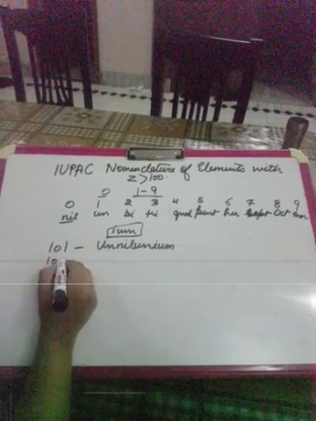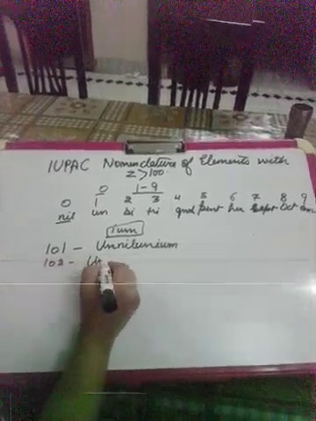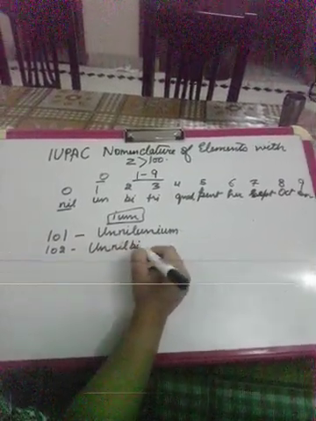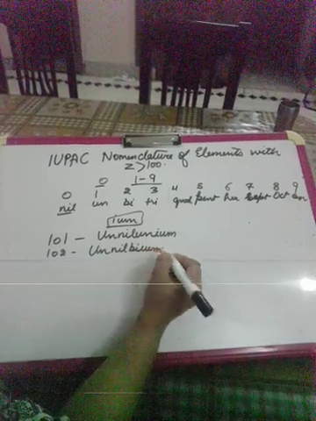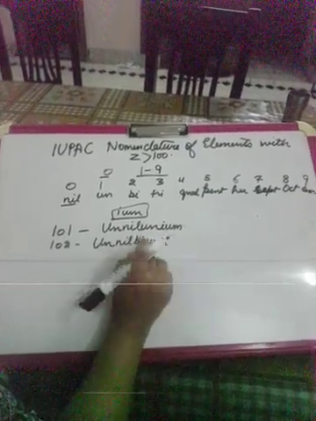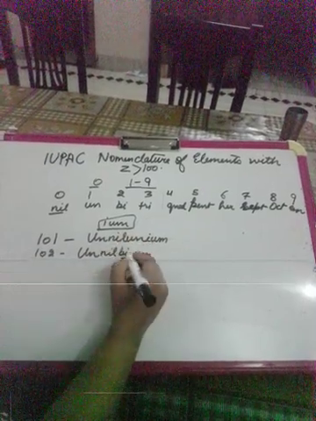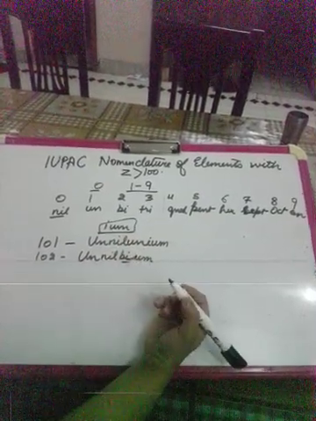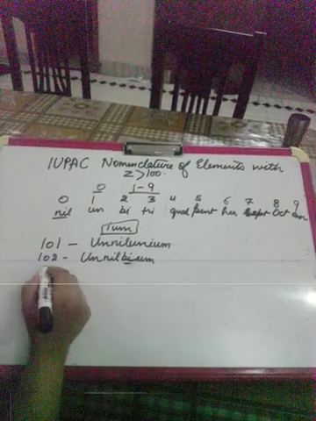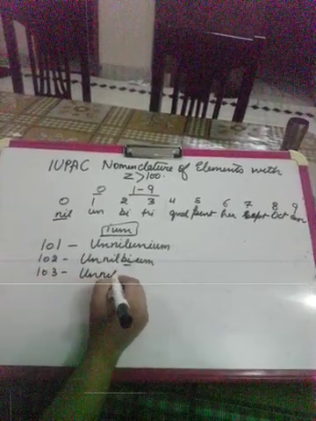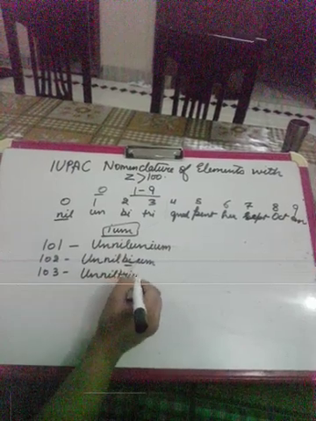Then for 102, 1 is un, then nil, then bi, then ium. The thing to remember is there is no need to write a double i; you can remove one i and write un, nil, bium. For 103, you will write un, nil, trium.